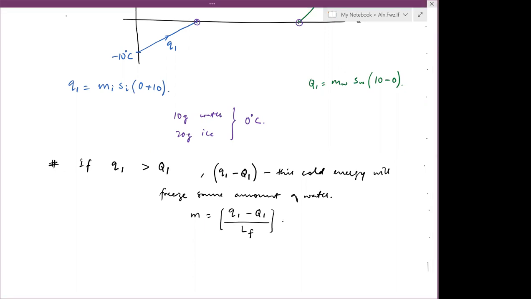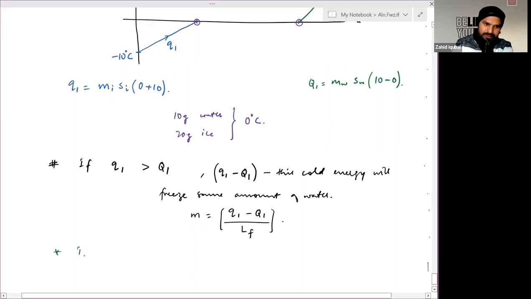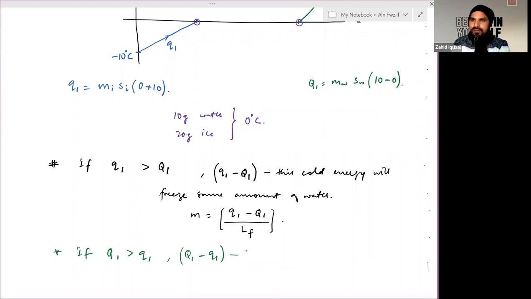Yes, sir. Similarly, if capital Q1 is greater as compared to small q1, then capital Q1 minus small q1 will be the amount of heat energy left out in this particular system, which will tend to melt some amount of ice into water.